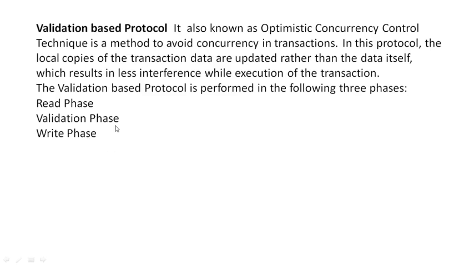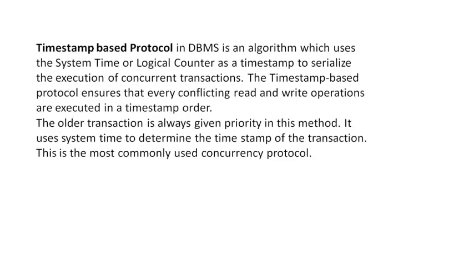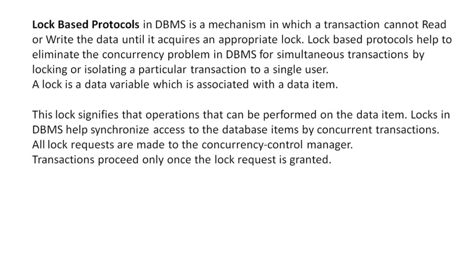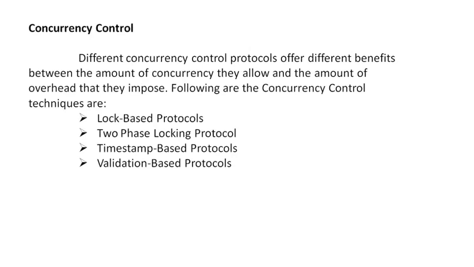In this phase, the updates are applied to the database. Those changes will be written to the actual database if the validation is successful. These updates are not applied if the transaction is aborted or it is not validated, and the transaction will be rolled back.